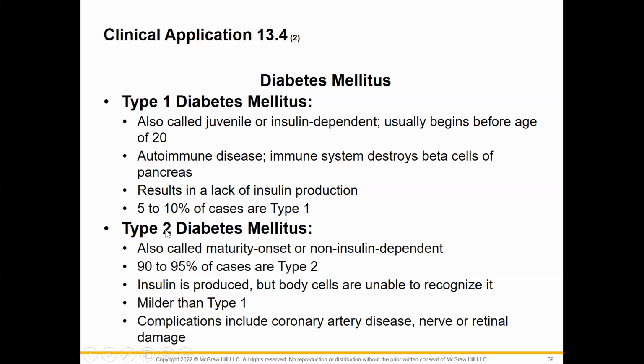Type 2 diabetes is going to be the majority of the cases of diabetes. Type 2 diabetes, we've called it maturity onset. In the past, we've called it adult onset diabetes. It's also called non-insulin dependent diabetes.